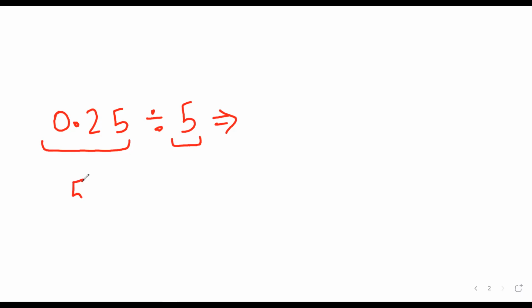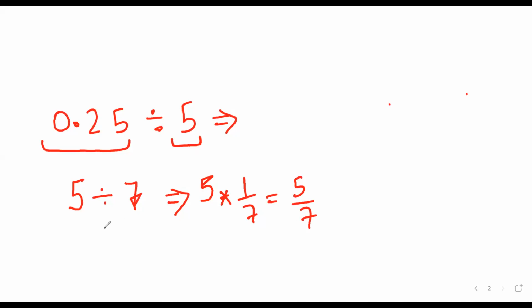So, for example, if I'm dividing 5 by 7, what should I write this as? 5 upon 7. Why should I write it as 5 upon 7? Because I can write this as 5 into 1 by 7, which is equal to 5 by 7. So, I need to take the reciprocal of the second term, not the first term. Is it clear or not?